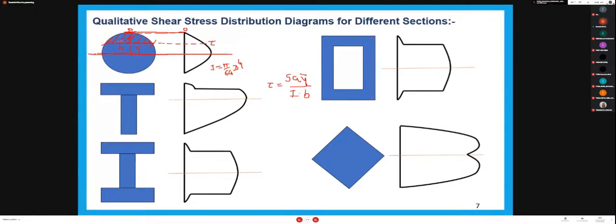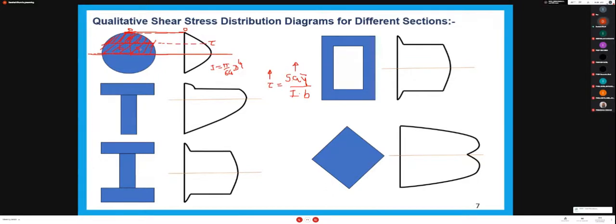Initially this area was there. Now the area is increased, up to the neutral axis. That means from the previous sections, the area is increased. If the A value is increased, then the shear stress value is also increased, because here the shear force is constant and the area is increased. So according to the area, shear stress is also increased.